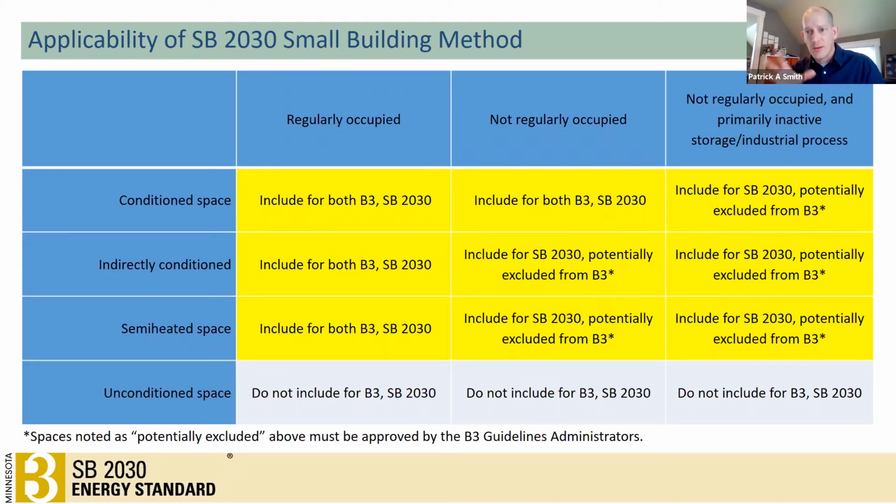So this isn't a table that would permit a project that would otherwise need to follow the B3 guidelines program to not follow it, but instead it's intended to sort whether those projects can follow a small buildings path or not. And I hope that answers your question.